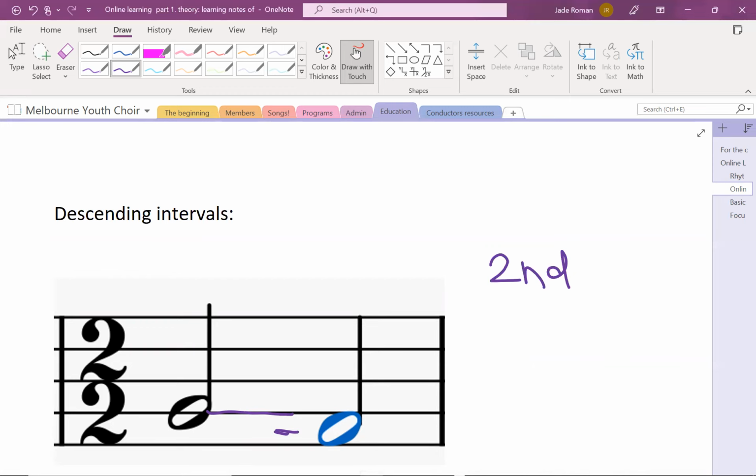and like I said, it helps just using the number system. 8, 7, 6, 5, 4, 3, 2, 1.